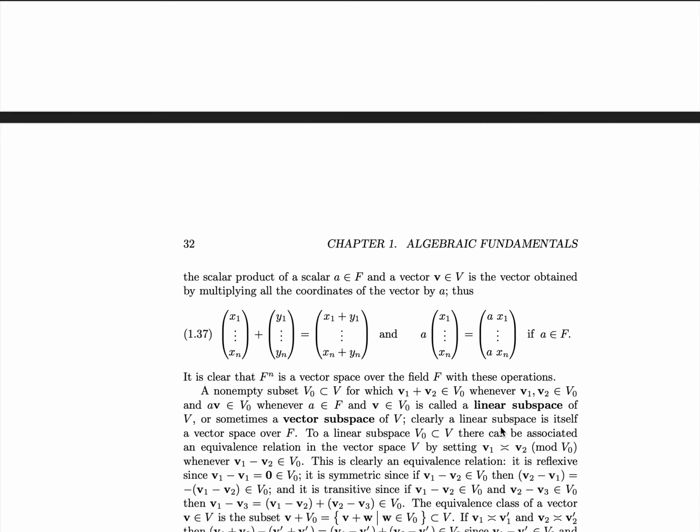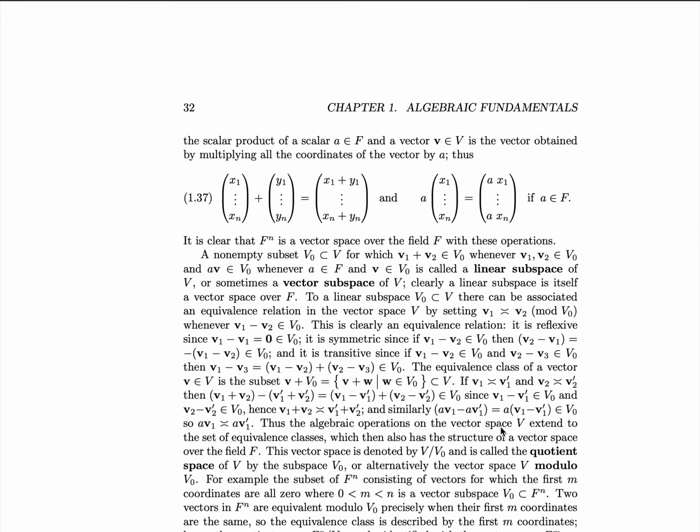That is, for a vector x consisting of elements x1 to xn, and a vector y consisting of coordinates y1 to yn, we write their sum x plus y as the vector which has coordinates x1 plus y1 all the way to xn plus yn. And then for scalar multiplication, we have that a times (x1 to xn) is equal to ax1 all the way up to axn for a in F.